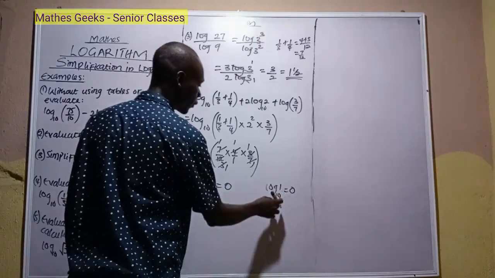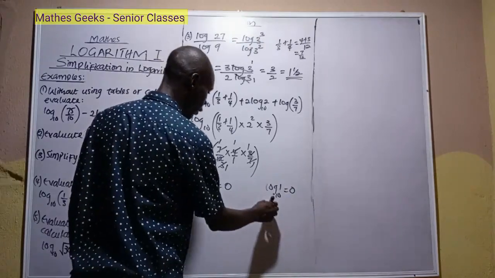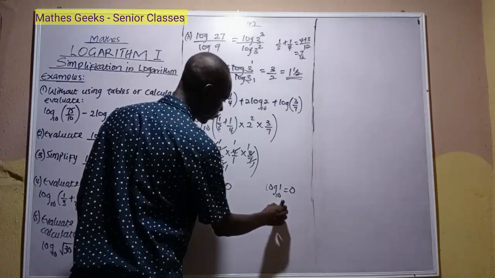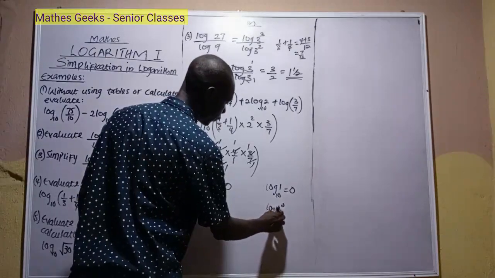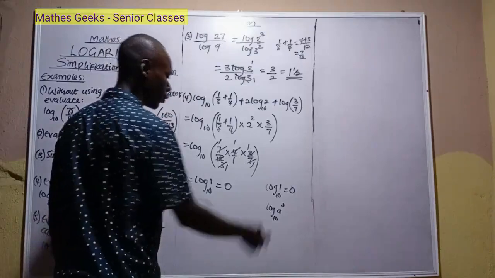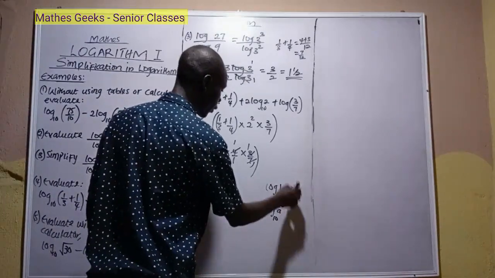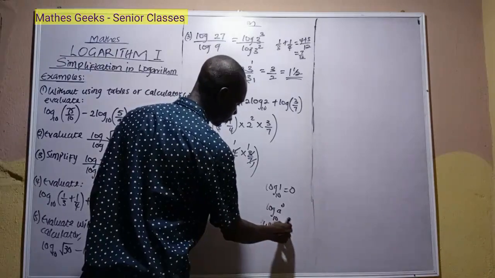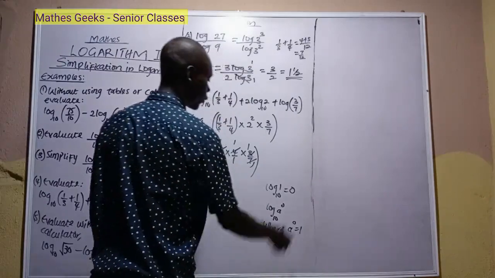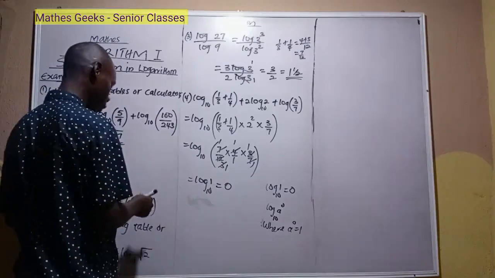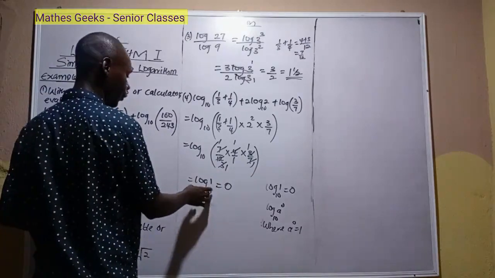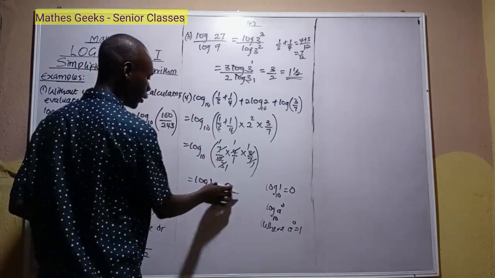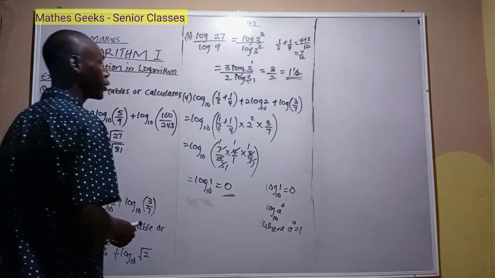That is because for this to be 1, it means a is raised to 0. So a raised to 0 in indices is equal to 1. So any logarithm of 1 to any base is equal to 0. So log 1 to the base 10 is equal to 0. So this is our final answer.